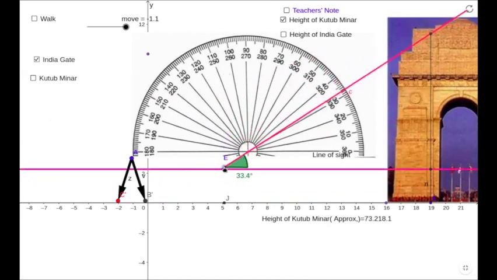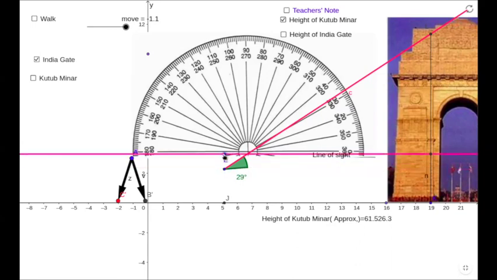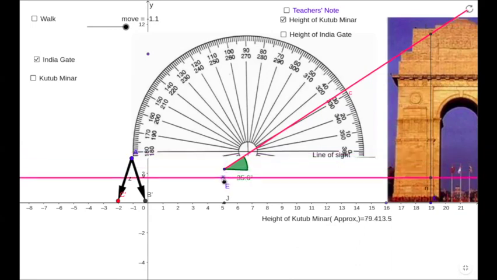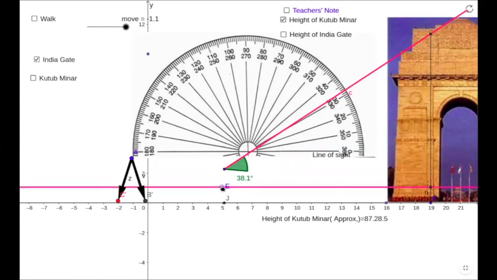So at some height from the ground, suppose this is kept at 1 unit. Instead of 2, I keep this one at suppose 1 unit. Horizontally, I am not changing. Only vertically I am changing.